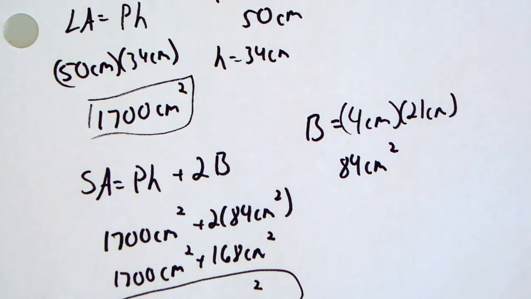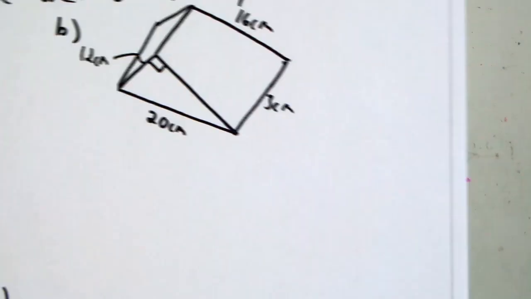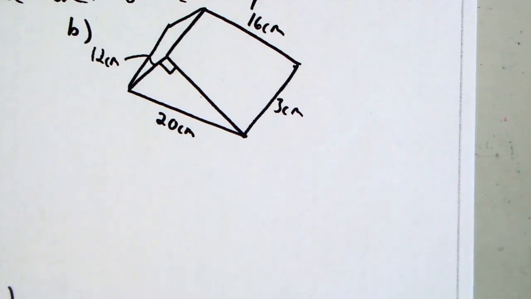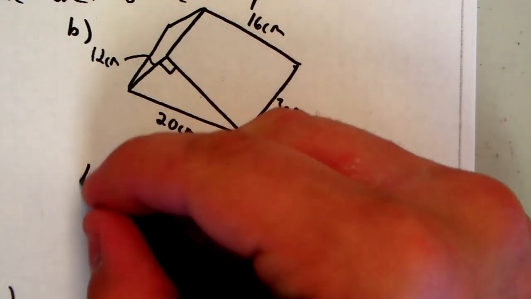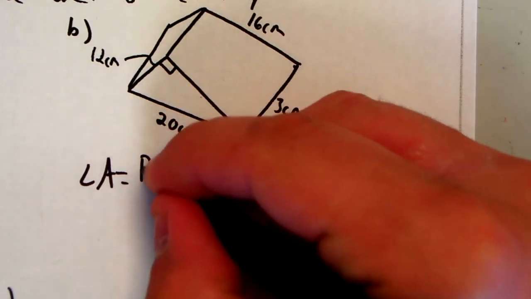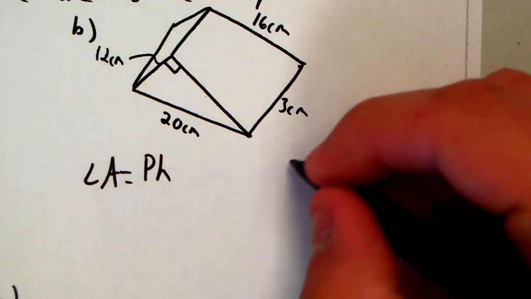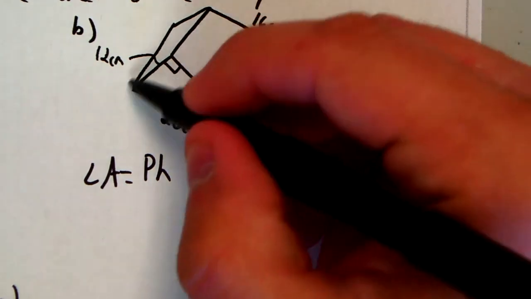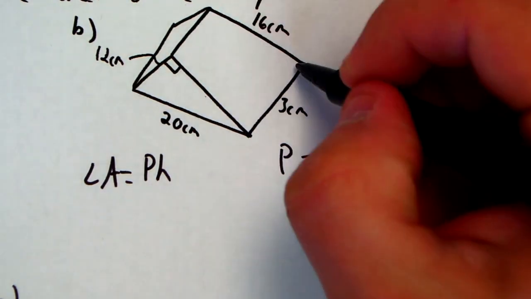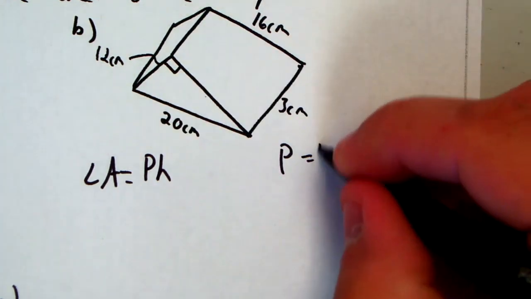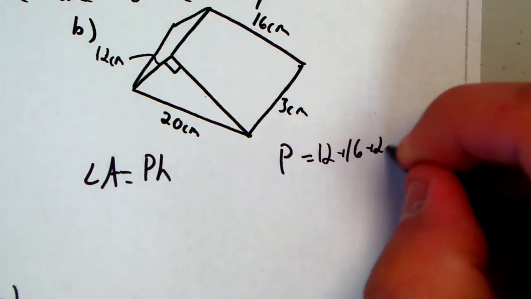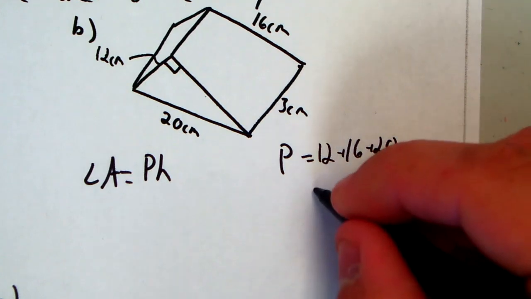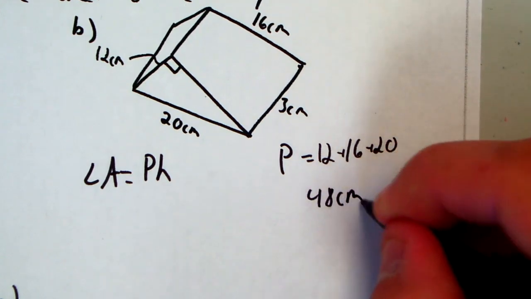Now, the other prism that we're going to be talking about is a triangular prism. So this prism is going to be a little bit different to deal with, but only because the base is a triangle. But otherwise, same exact process. We're going to be talking about the perimeter and the height. So the perimeter of the base is this 12, 16, and 20, which happens to be 48 centimeters.